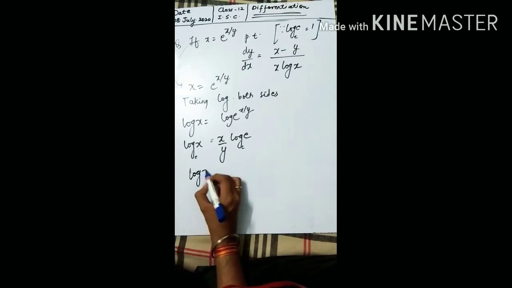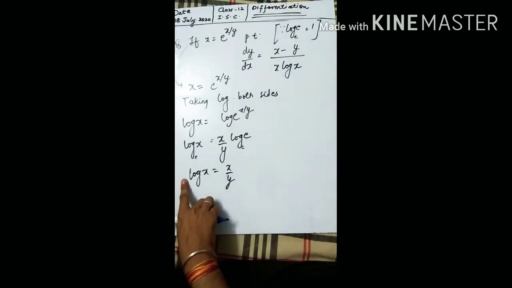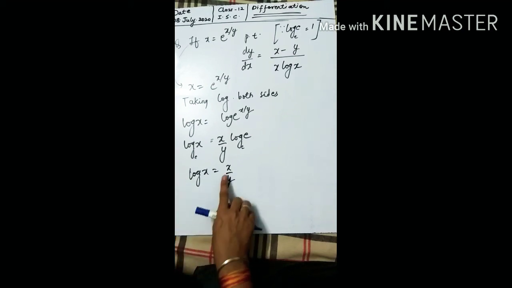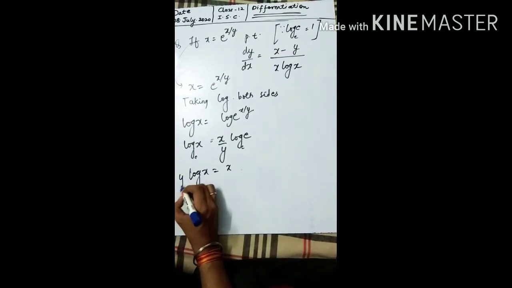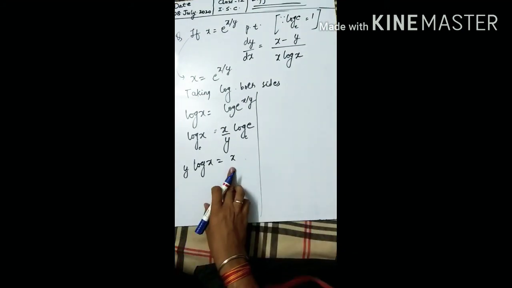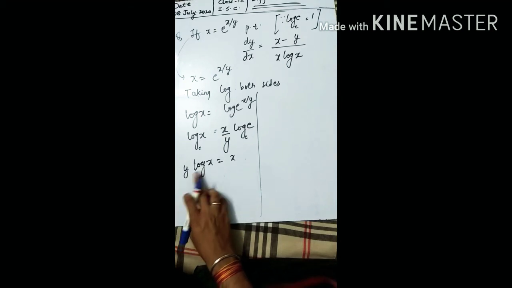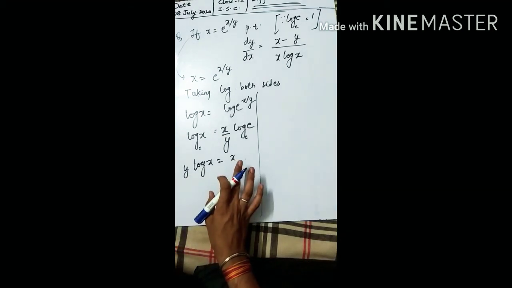Let us write here. Now I'm taking y this side. This y I took that side. Now you need to differentiate and get dy/dx. So let us differentiate both the sides with respect to x.